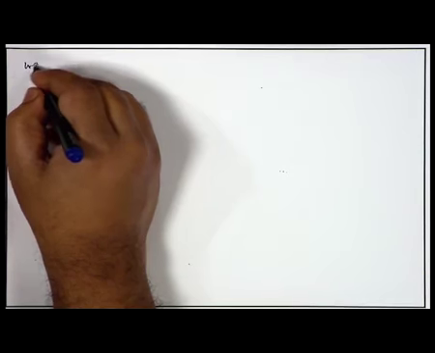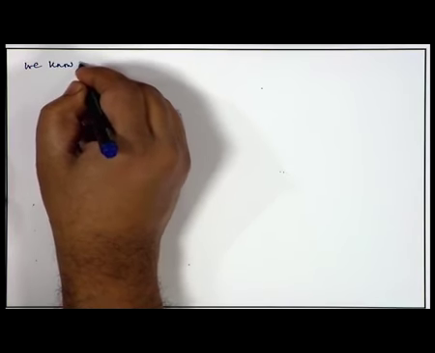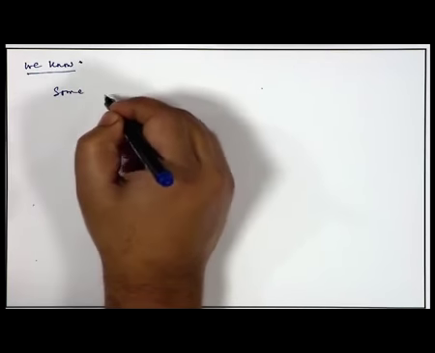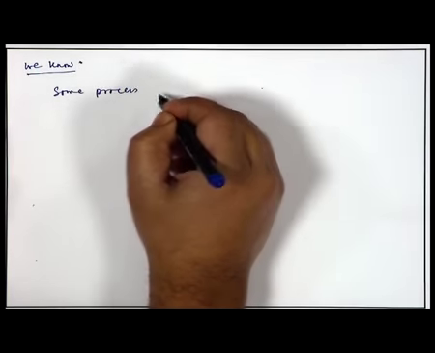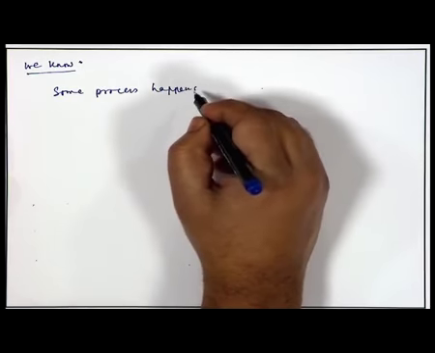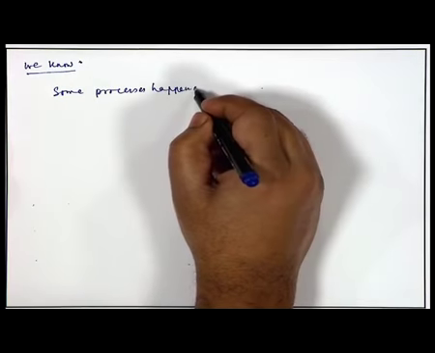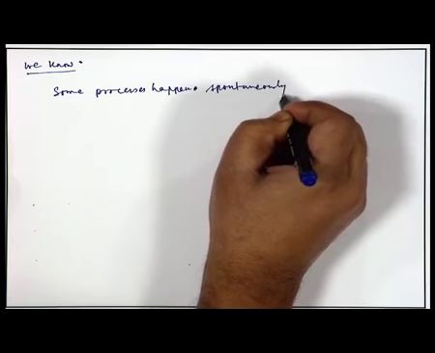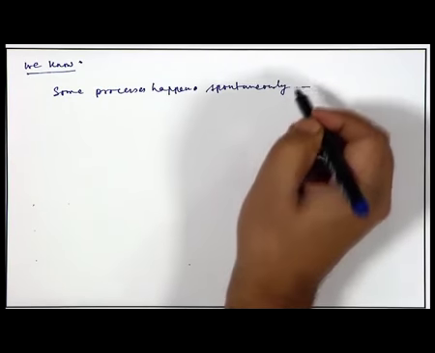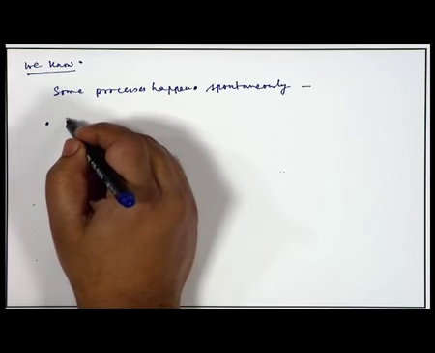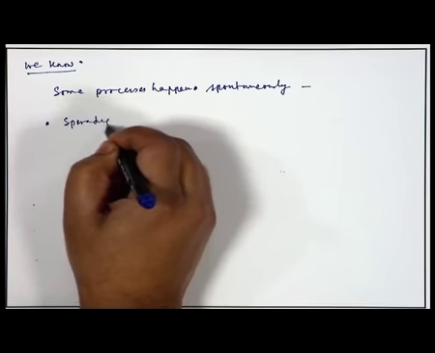What do we know? We know that some processes happen spontaneously. For example, I'll put it as a bullet point, the spreading of perfume.